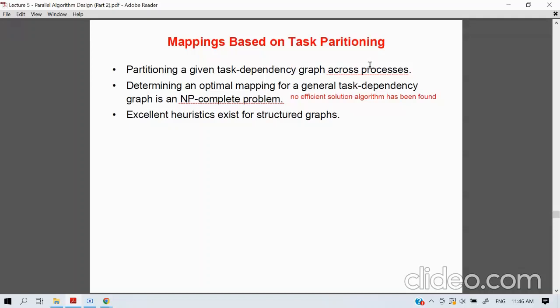So sometimes we cannot solve the algorithm. So no efficient solution can be obtained to do the mapping. So excellent heuristics exist for structured graphs. Okay, sometimes we need to try and error, whether to do the mapping to make sure there is a load balance and to minimize the idling.